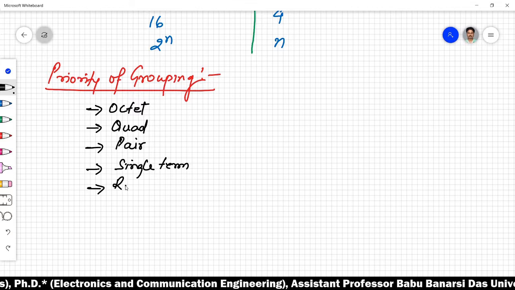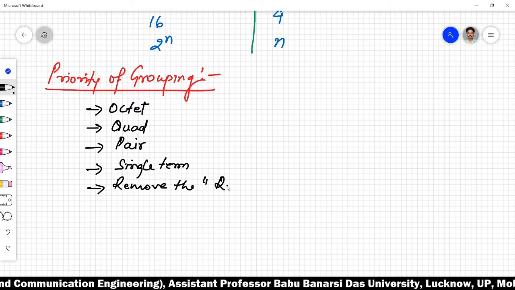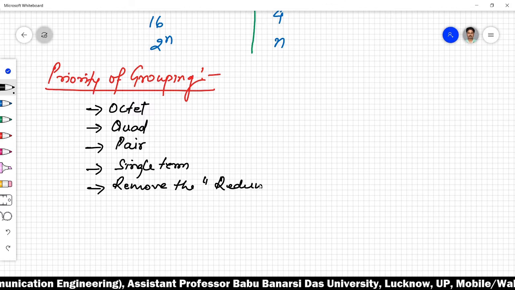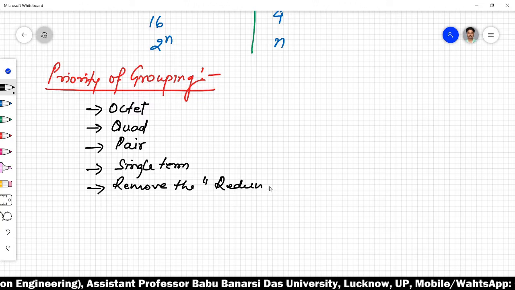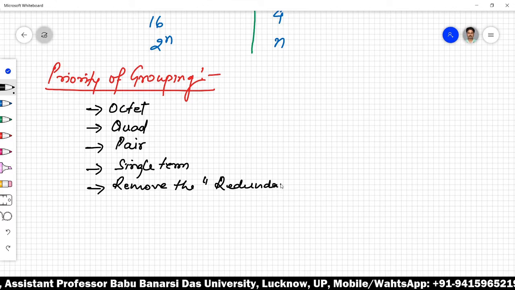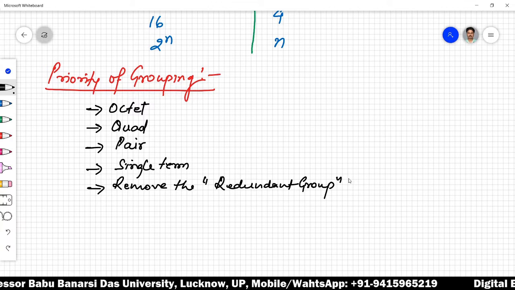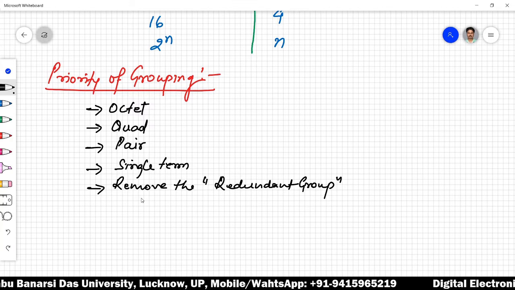We will remove the redundant group. So what is a redundant group?